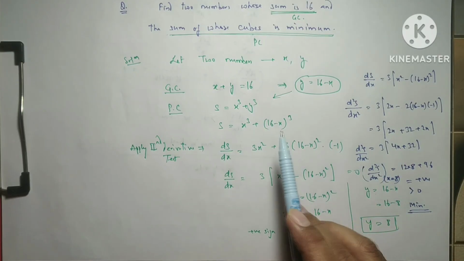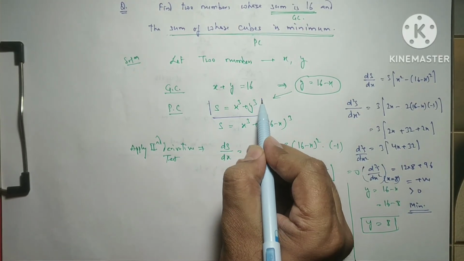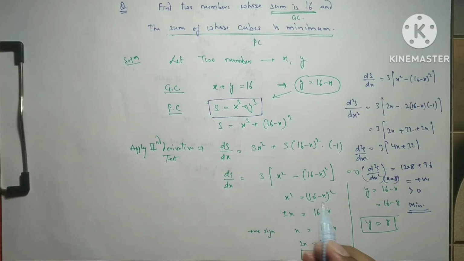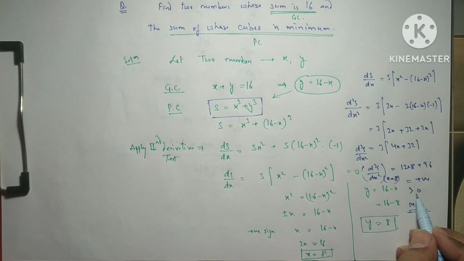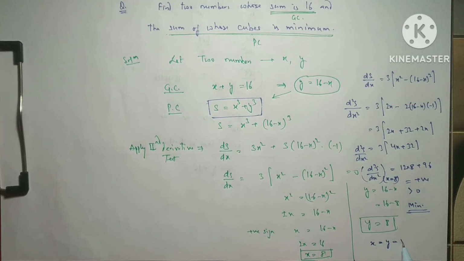So the summation of cubes will be minimum because its second derivative is greater than 0, so it is minimum, and the values of x and y both are 8.